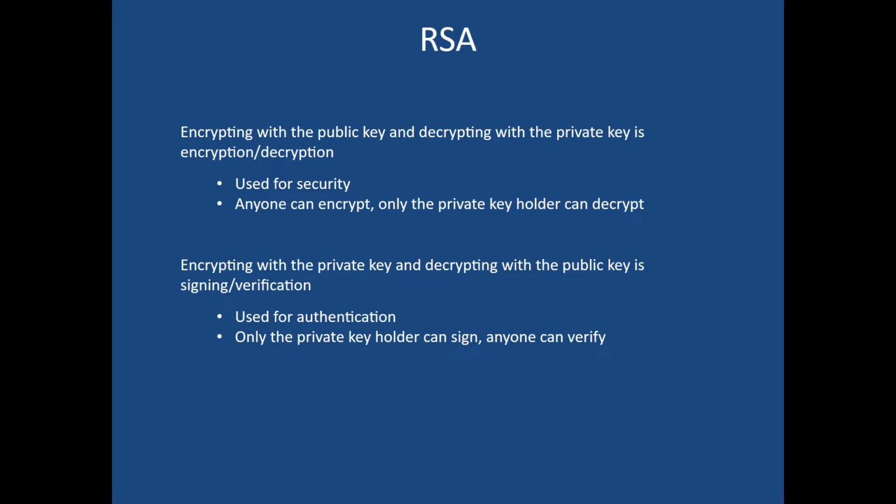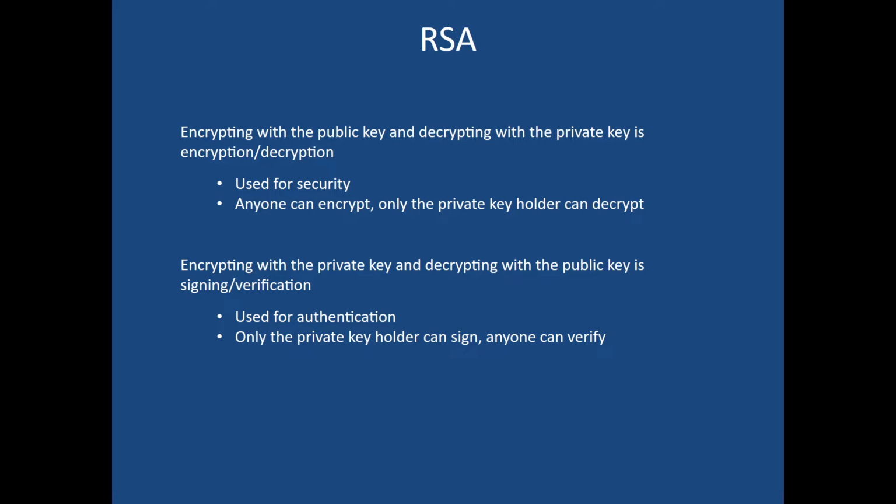I want to remind you of a fact about RSA before we go forward. It can be used in 2 modes. I mentioned this last time. If you're trying to transmit a secret message, you encrypt using the receiver's public key.